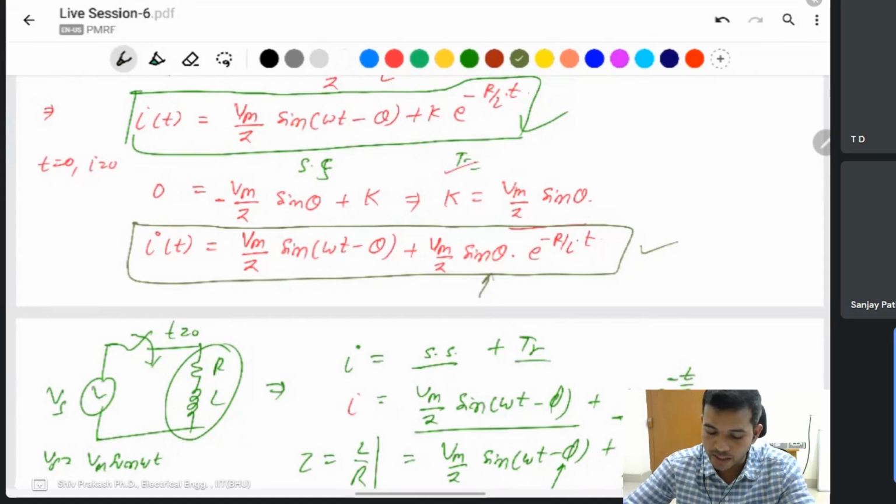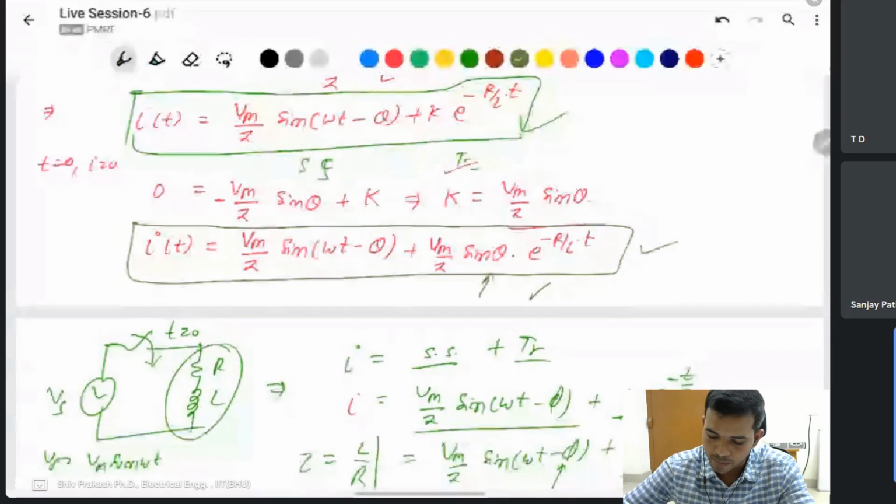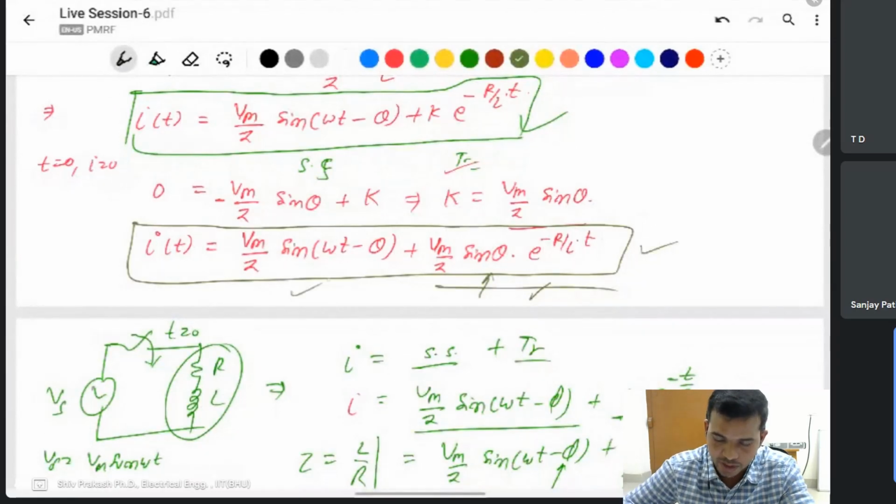Theta is the impedance angle. If the impedance angle is 0, like in an R circuit, a purely resistive circuit, then the transient effect will not be present in the circuit. So theta is equal to 0, it means the sin value is 0. Then all the DC transient effect will be 0. Only the steady state is present when only a resistive circuit is present.